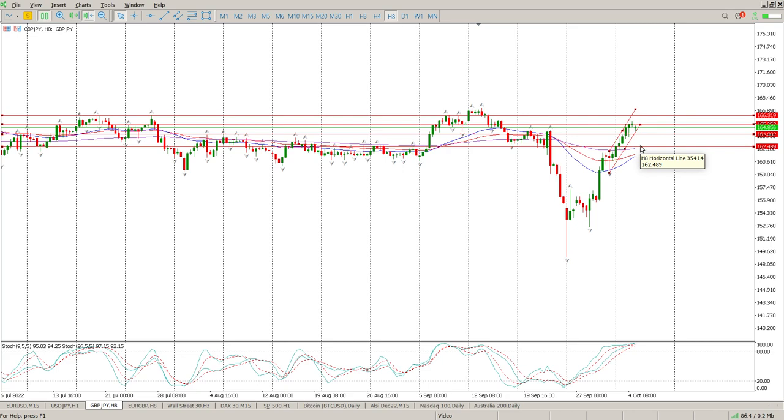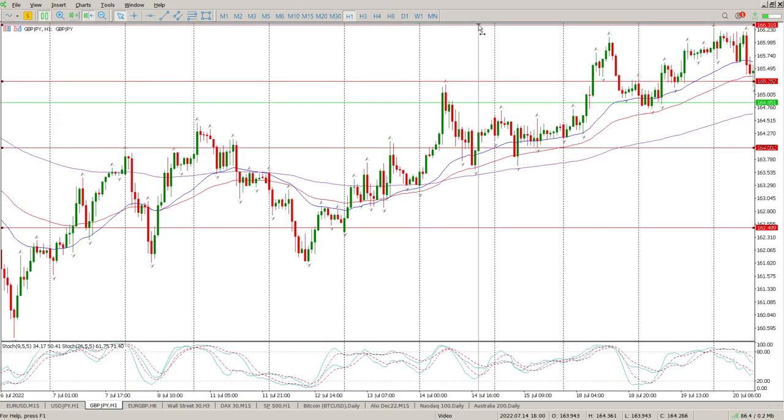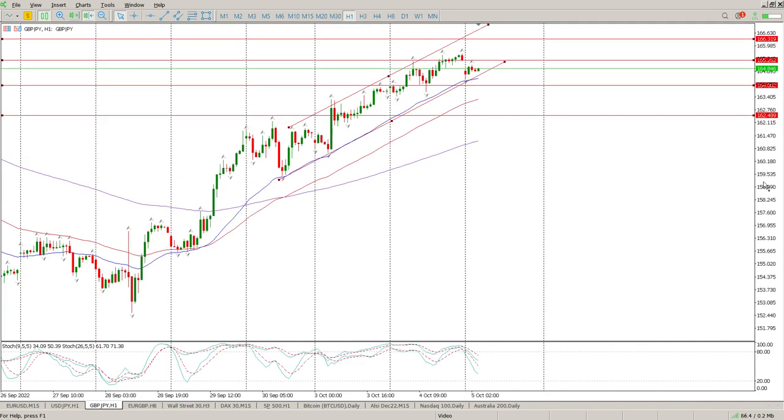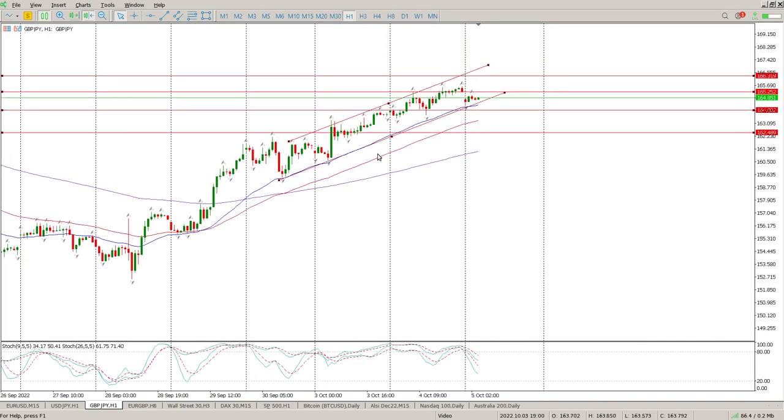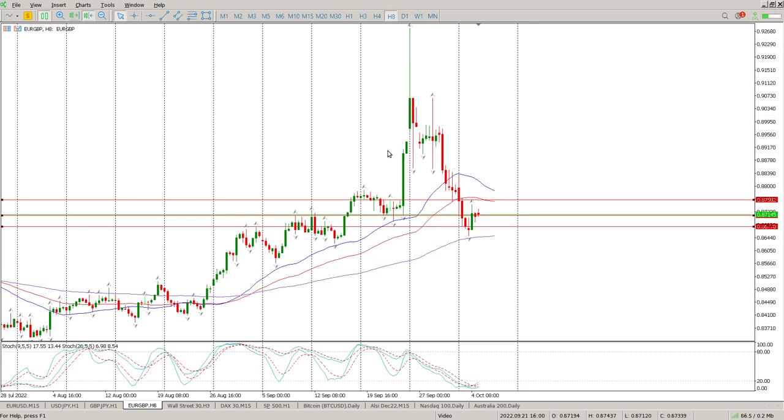That's 162,489. So yeah, I think another one where I am more than likely just going to ignore it, sit on hands. But if you are so inclined, there is an opportunity here for a long scalp back up to this area here, 166,319.